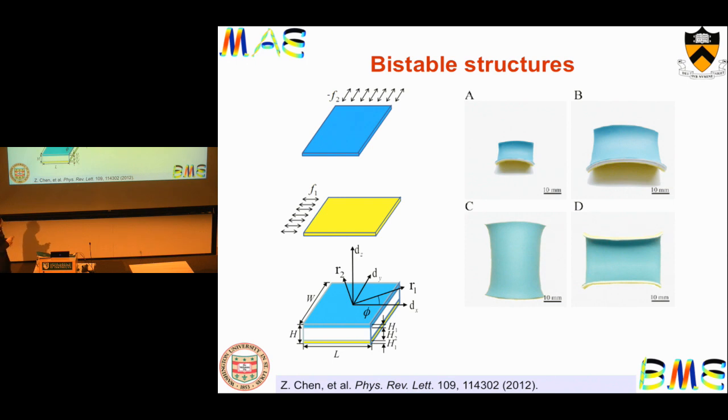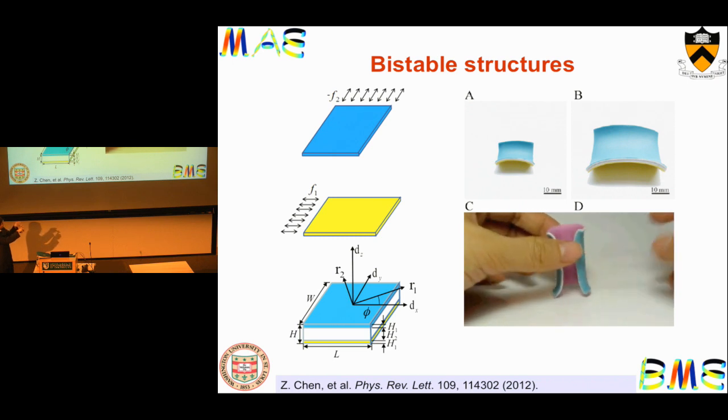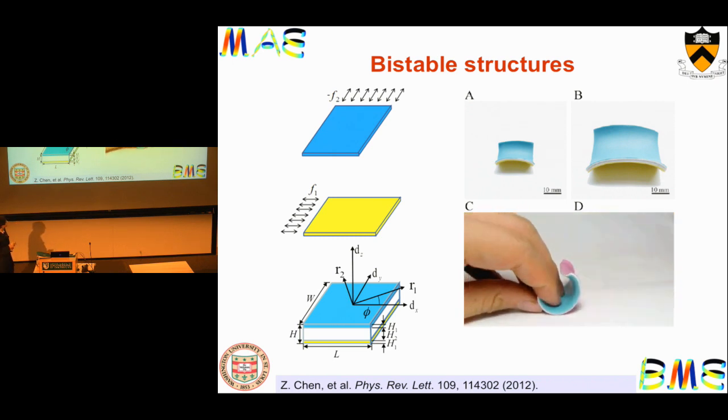But what is interesting is if we have exactly the same driving forces, but we just change the dimensions, we make the strip wide enough and thin enough, then interesting things start to happen. So the system now, instead of being stable in just one saddle shape, can be stable in 2 shapes.